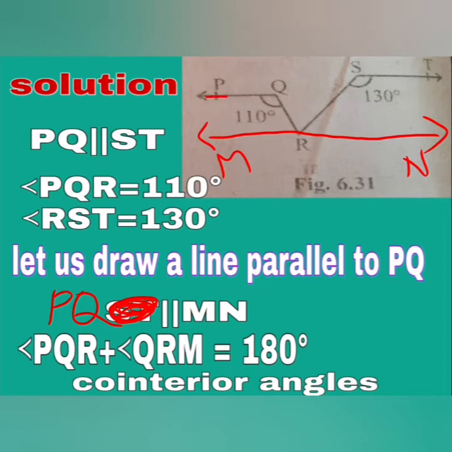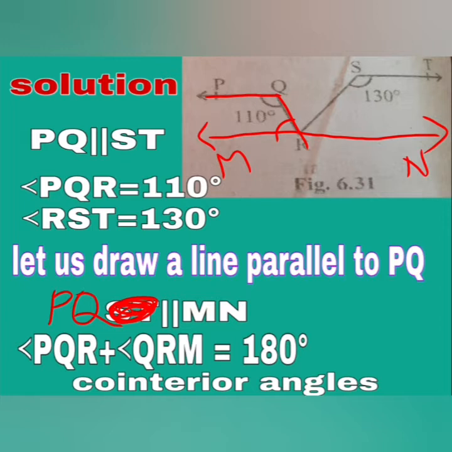If PQ and MN are parallel to each other, then we can consider QR as a transversal. QR forms two angles here, PQR and QRM.